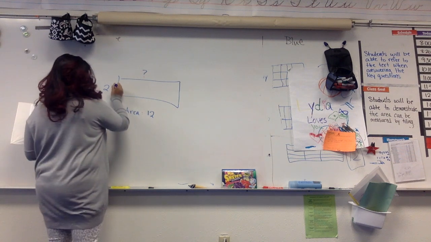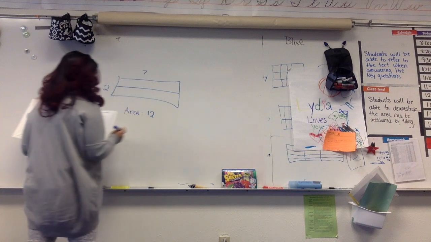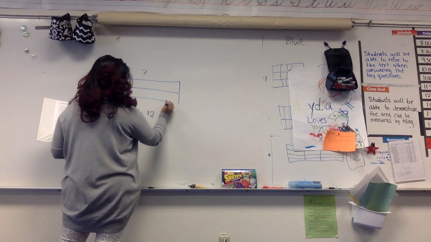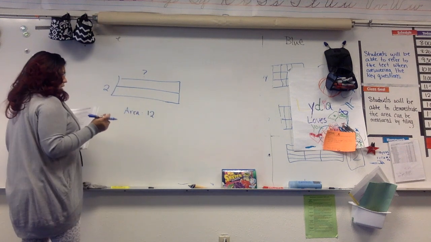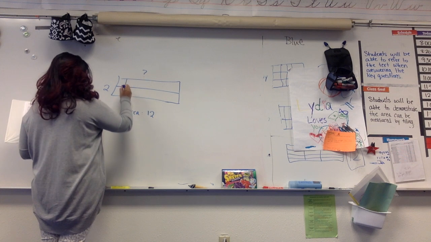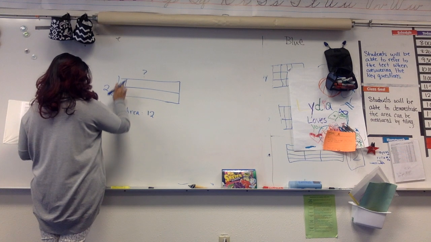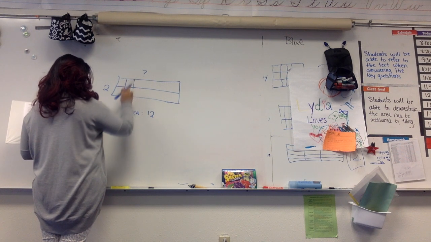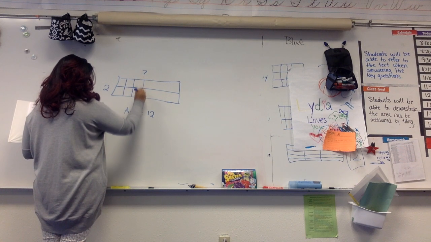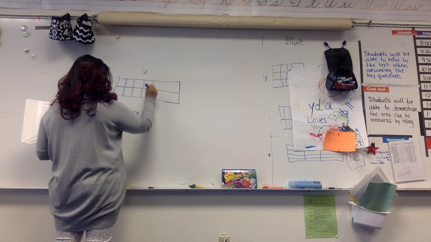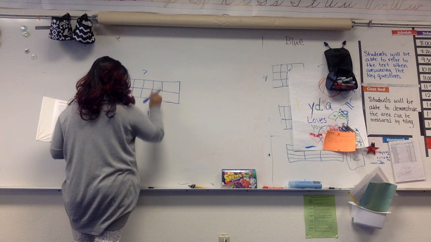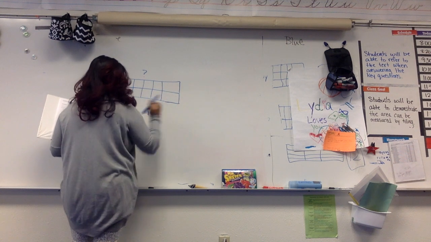So if I know that this has 2, and I know that it has 12 in it, I could do this almost like a tape diagram. I could go, well, 1, 2, 1, 2, 3, 4, 5, 6, 7, 8, 9, 10, 11, and 12.